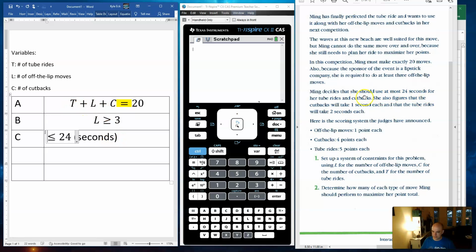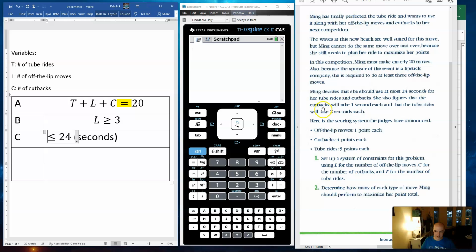She used 24 seconds for her 2 brides and cutbacks. It doesn't say anything about the off-the-lip moves. Maybe in this story, the off-the-lip moves don't take enough time, or she's going to use the rest of the time for her off-the-lip moves. It's unclear, but lip moves are not specified here, so we're not going to include them on this constraint.